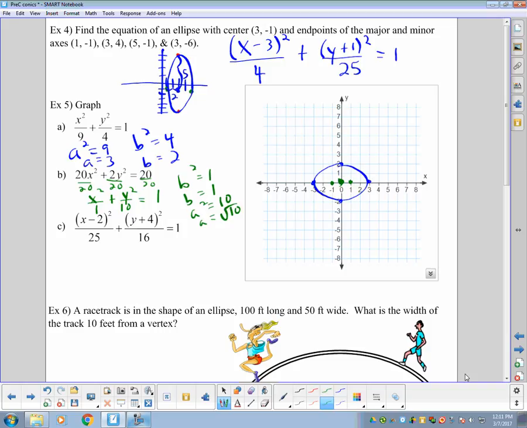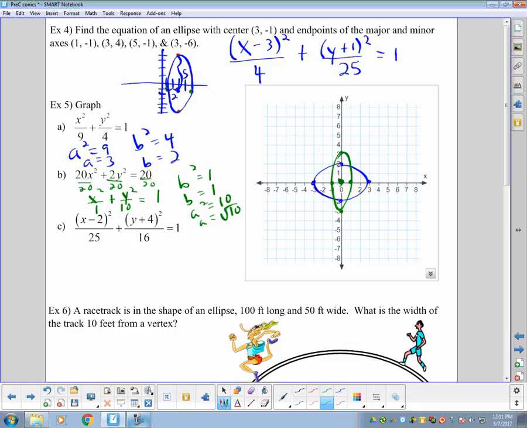So square root of 10 as an estimate would be what? Just over 3. Yep, about 3-ish. So let's go up about 3, and we'll put a dot there, just past it maybe. And then draw in our football here, ready to be kicked through the uprights. So there's our ellipse running vertically.